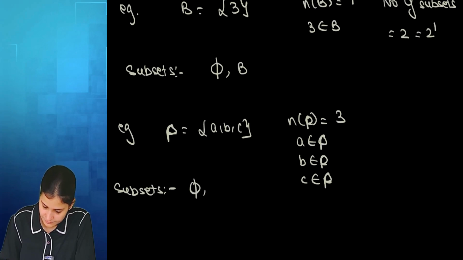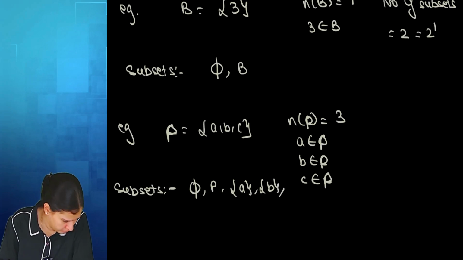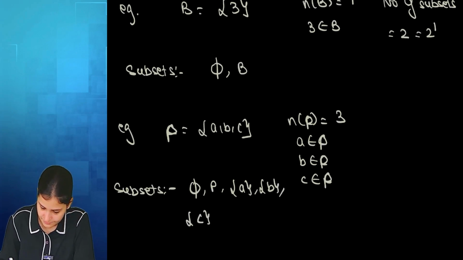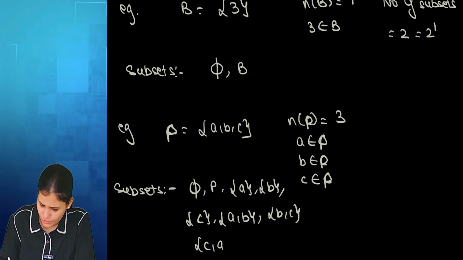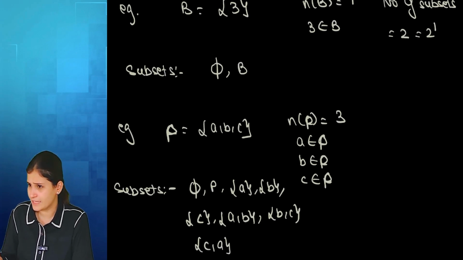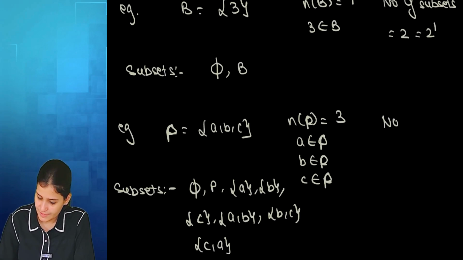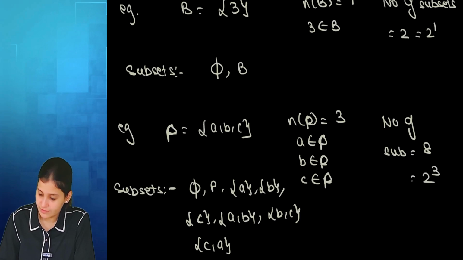Null set, P, singleton A, singleton B, singleton C, AB, BC, CA. I won't write ABC again because P itself is ABC. So the number of subsets is 8, 2 to the power 3.